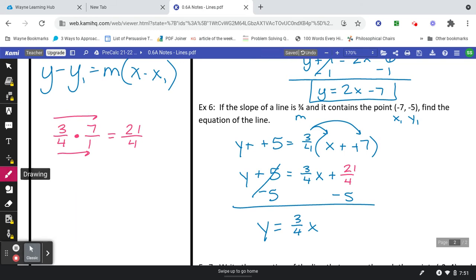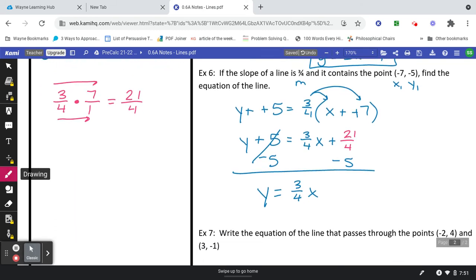And then this part is going to require us to get common denominators because we're subtracting. So I'm going to do it like I did in elementary school. 21 over 4 minus 5. I'm going to put that over 1. And now you have to get common denominators. So I'm going to use the common denominator of 4. 21 over 4 is already good to go.